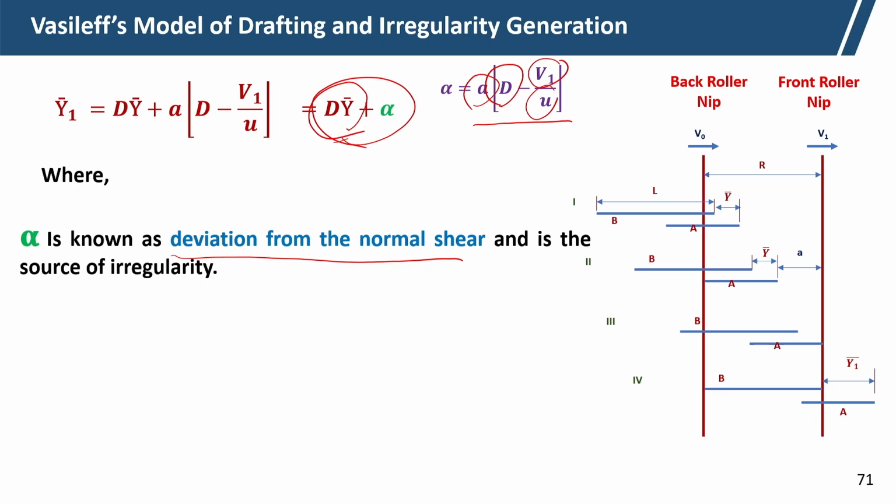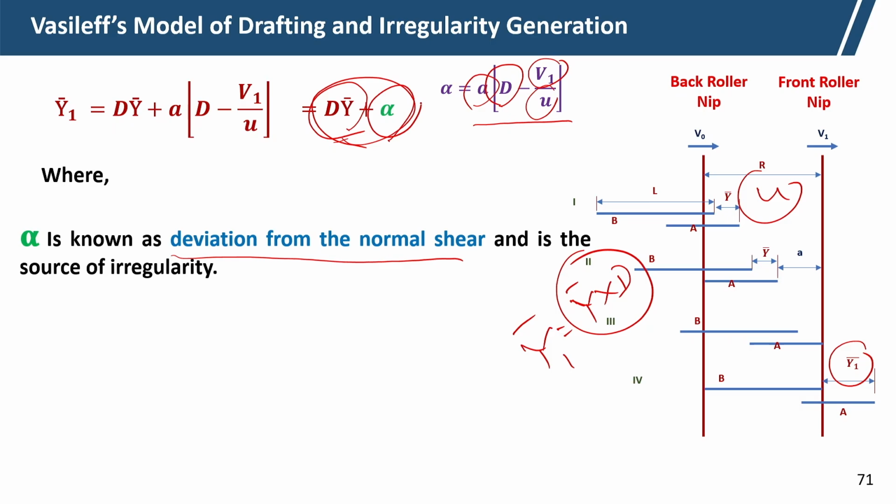For ideal movement of the fiber, y1 bar should have been y bar multiplied by d. But due to the floating, the fiber moves at the speed of u, so there is a variation from the ideal case. So, alpha is the deviation from the ideal case.